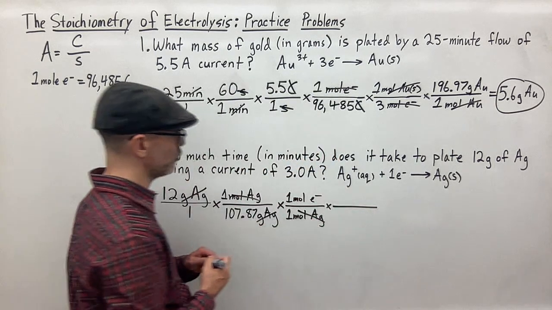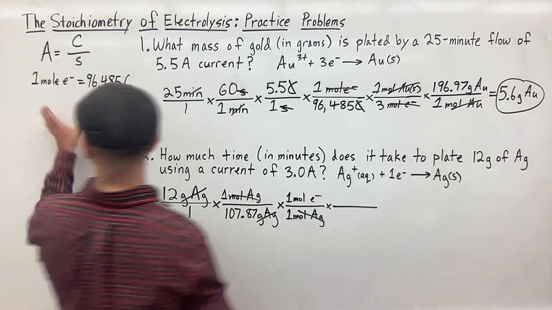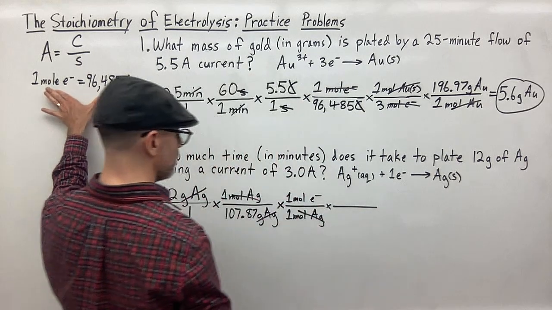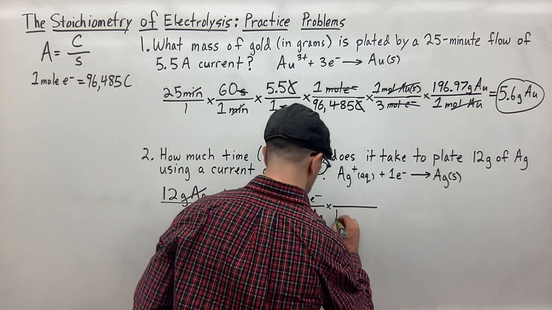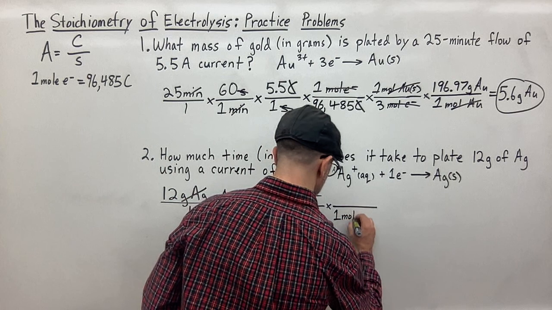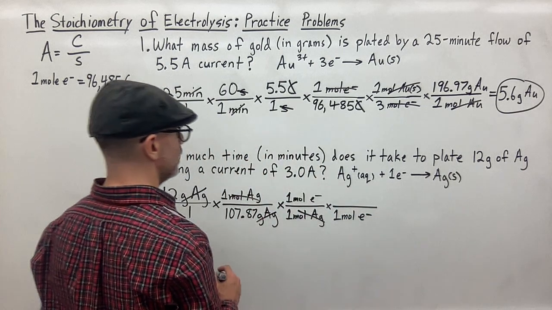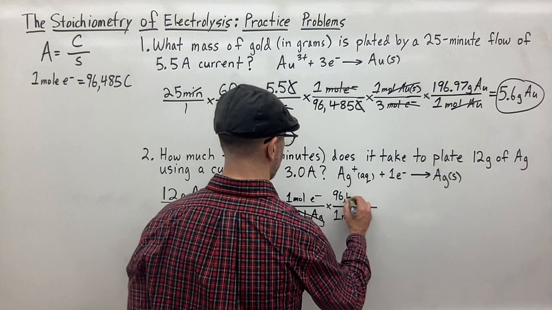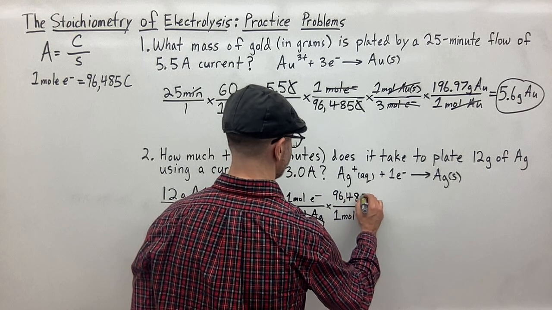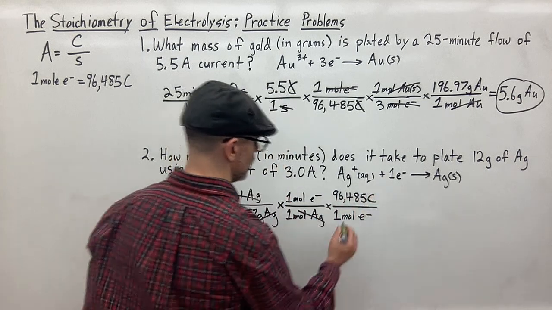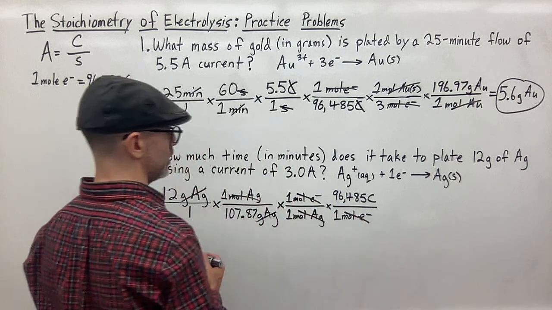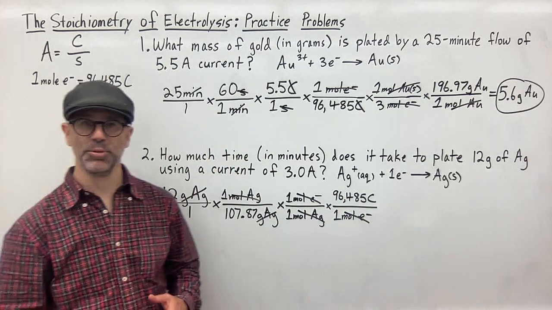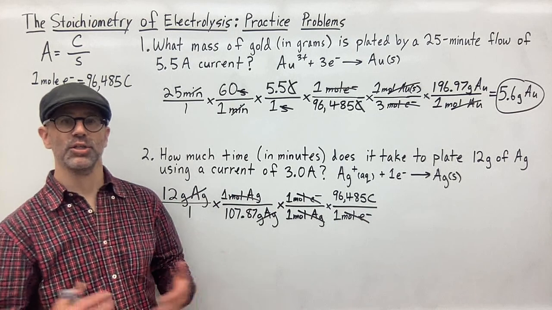So now I can go from moles of electrons to coulombs using this conversion factor here. So I know that 1 mole of electrons is equal to 96,485 coulombs. So now moles of electrons cancel out. Now I have coulombs. Now I can use the amperage to convert coulombs to seconds.